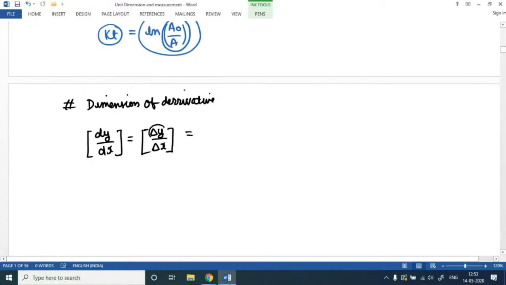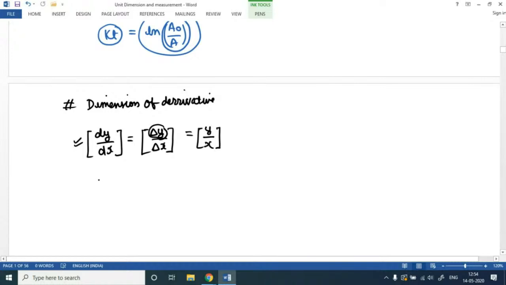Delta y, that is change in y, will have the same dimension as y, and delta x would have the same dimension as x. So dy by dx would have the same dimension as y by x, and whatever physical quantities y and x are, you can find out the dimension of this derivative.